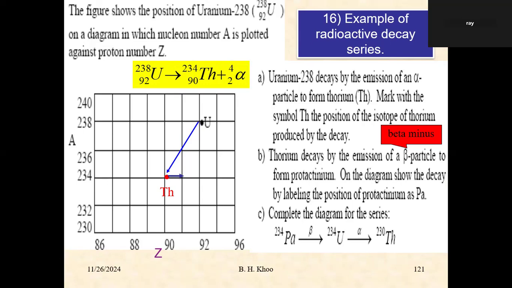Beta minus, your A is constant, the Z increases by 1. So that's your Pa. Then you're asked to complete. The next one is alpha again. So that's your diagram.